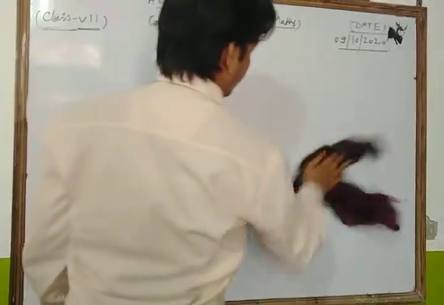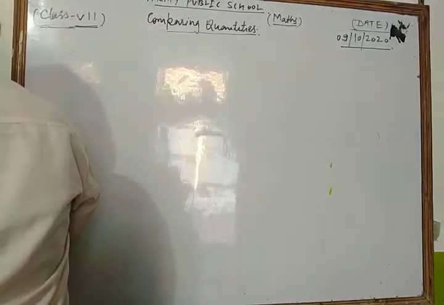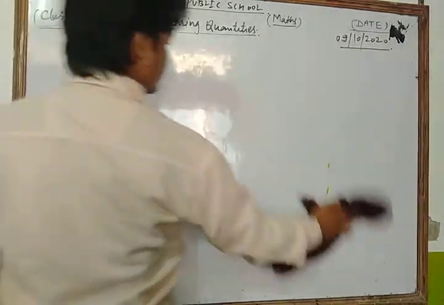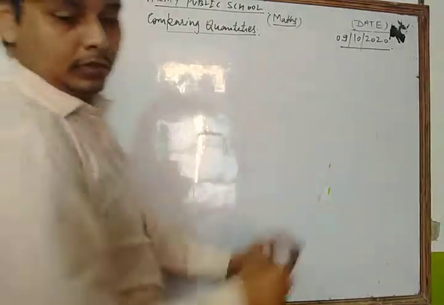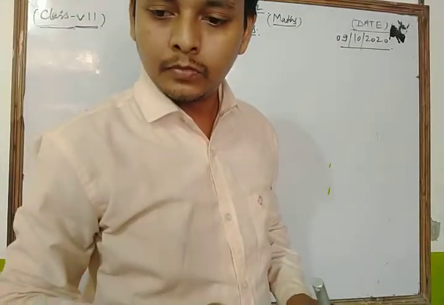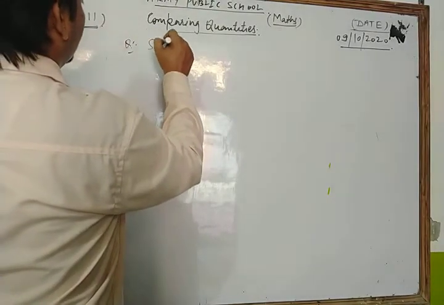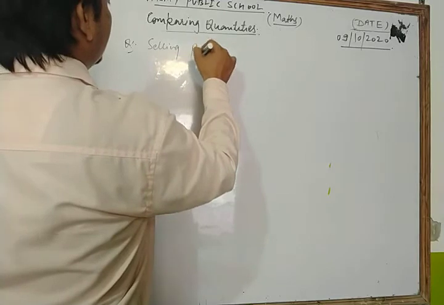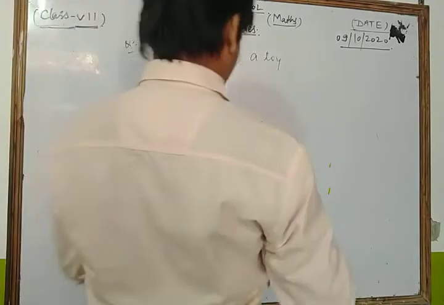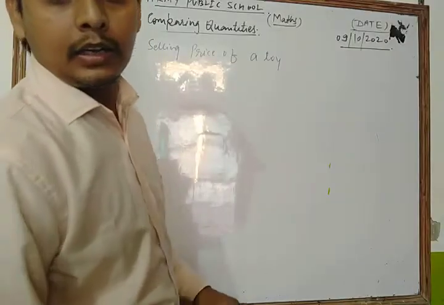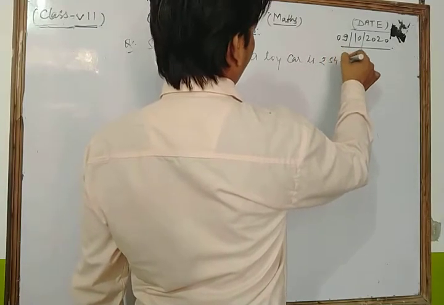Now we take and solve some important questions based on them. Let's see, dear students. Your question is: the selling price of a toy car is rupees 540.